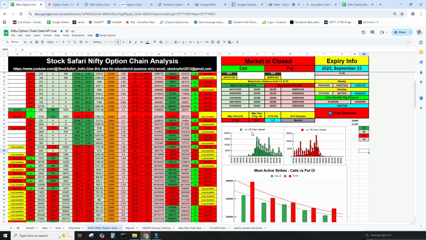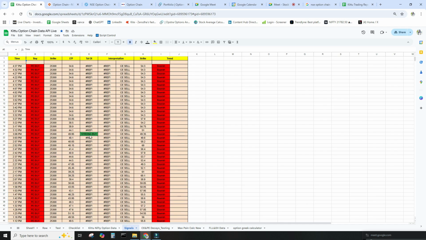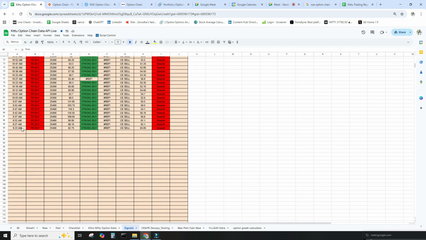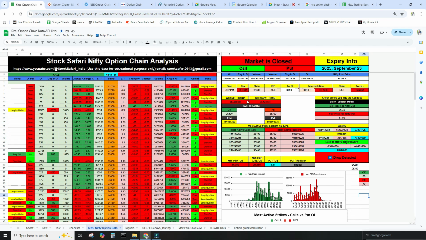And we have given some good graphical representation of open interest as well. And we also give automated signal collection from this area.